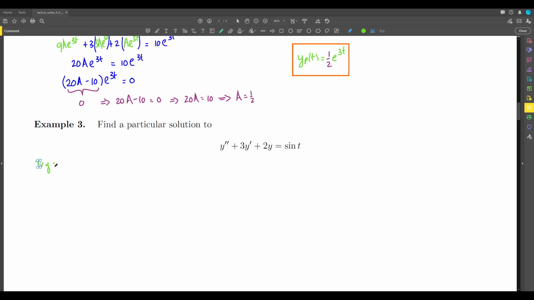So I'm going to try yp of t equals a sine t. That means that yp prime of t equals a times cosine t, and then yp double prime of t is negative a sine of t.